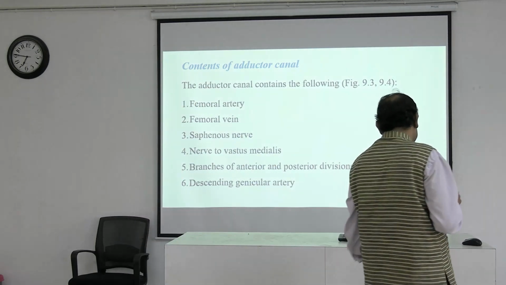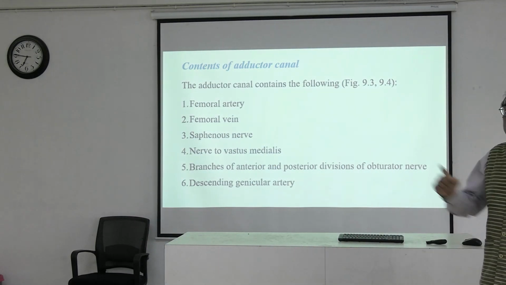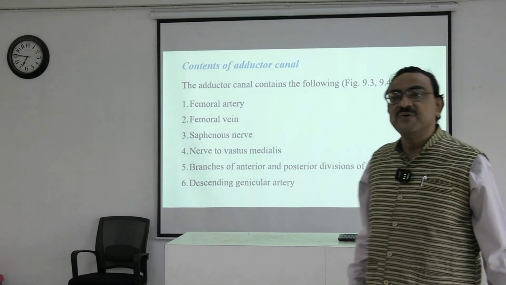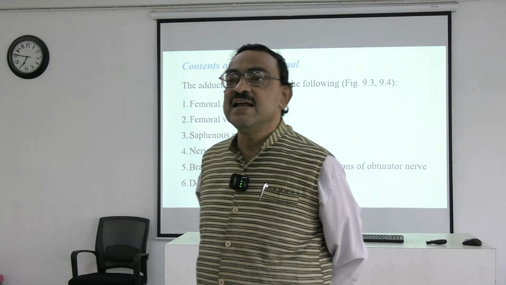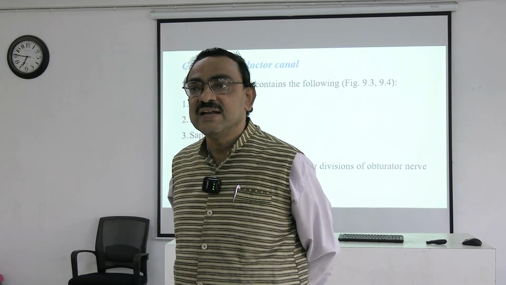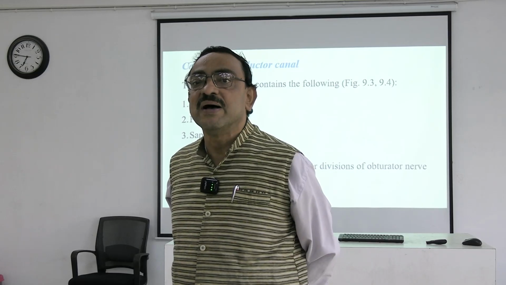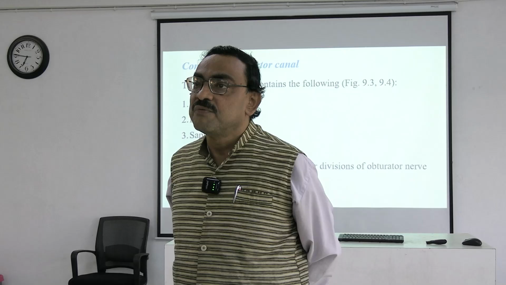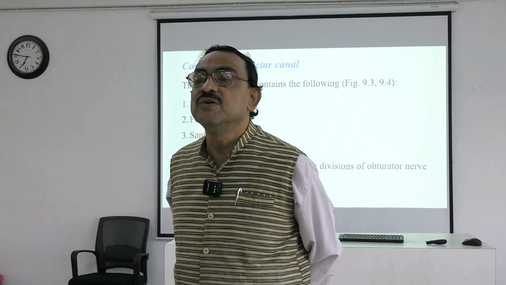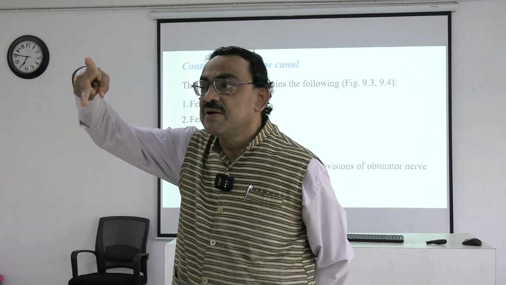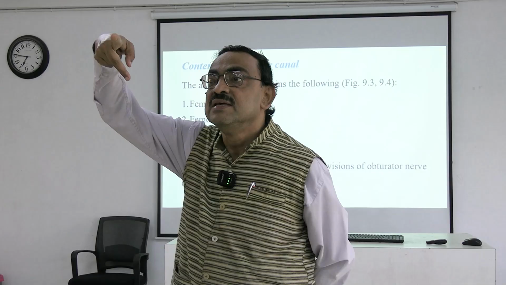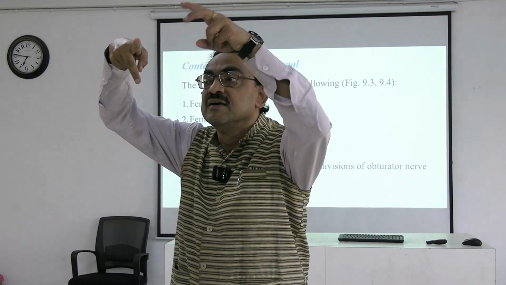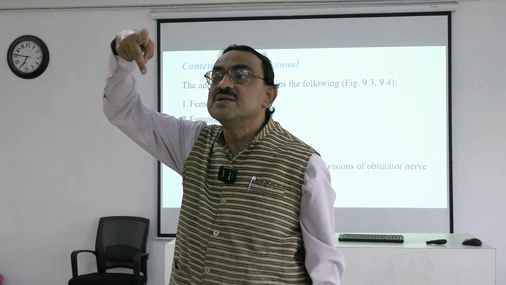And other things we have seen, it is bounded by the vastus medialis muscle anterolaterally. So vastus medialis has its nerve supply from the femoral nerve. We know the posterior division of the femoral nerve; the anterior division gives three cutaneous and one muscular branch.